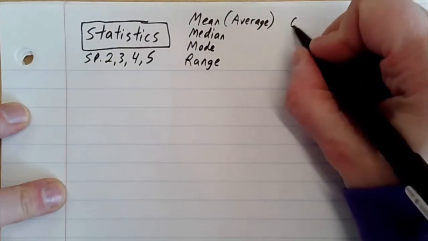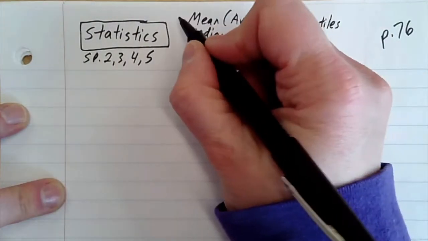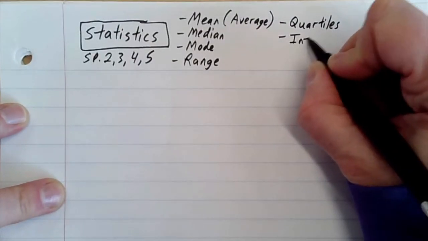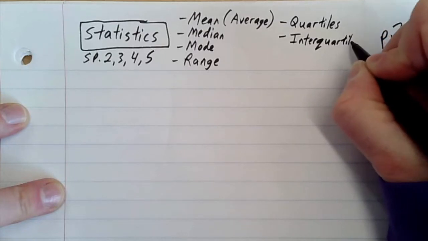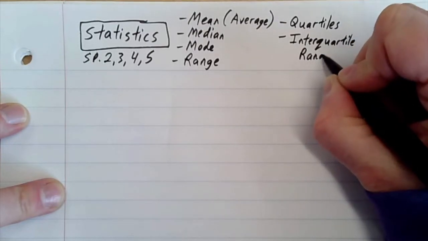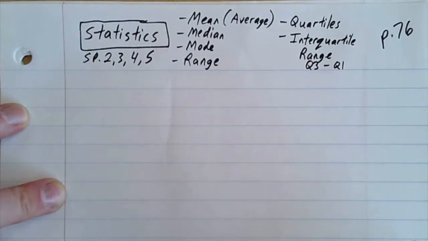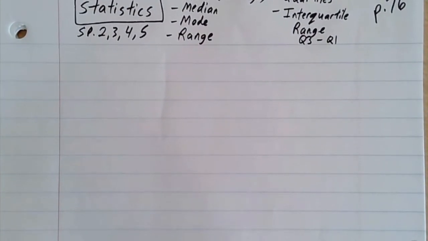We will talk about quartiles, breaking up our data into quartiles. And we're also going to talk about interquartile range, and we refer to that as Q3 minus Q1. So a lot we're going to talk about here. A lot of this you've seen before. It shouldn't really be new to you.